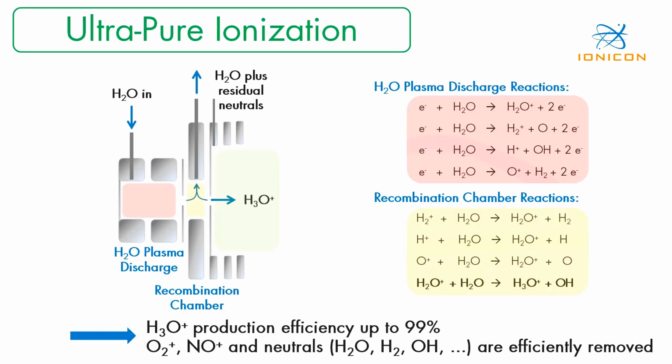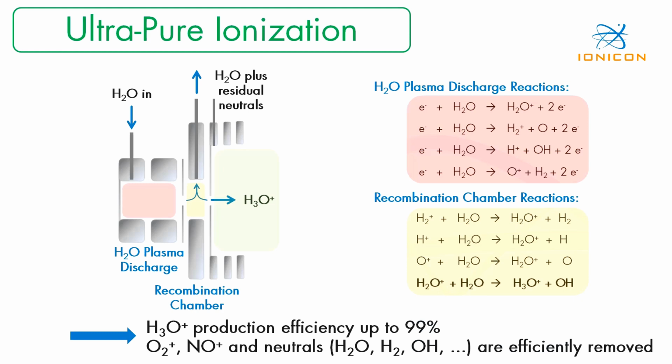We generate this pure primary ion signal in two steps. Step 1 is the water plasma discharge, where we generate all ionic fragments of water. The second and more important step is a recombination chamber, where the produced ionic fragments almost completely react forward to pure H3O+. At the same time, the neutrals of this reaction chamber are efficiently pumped away.